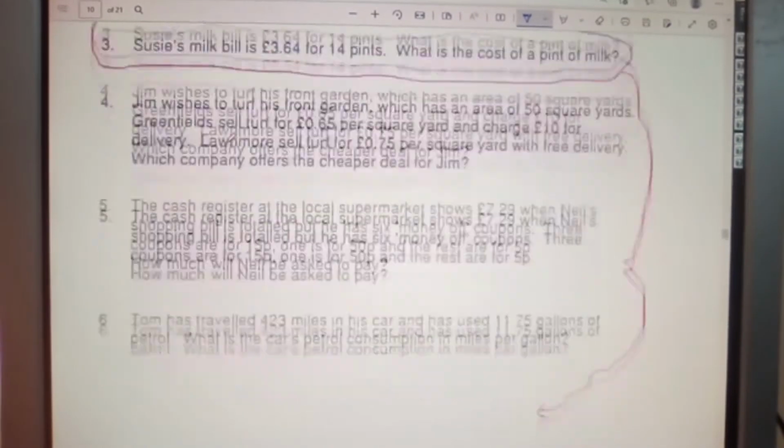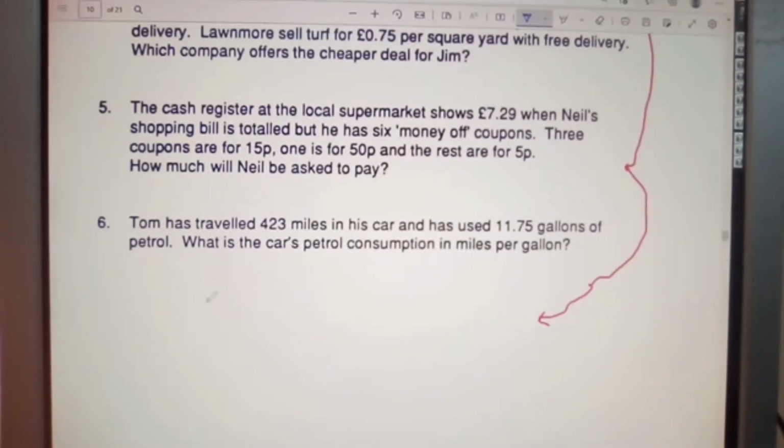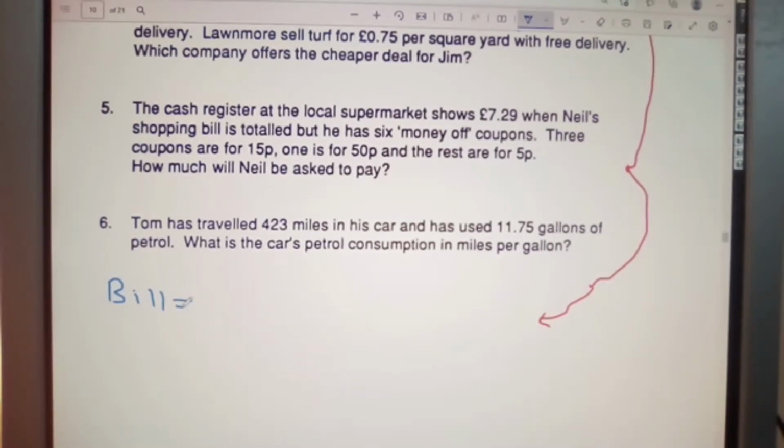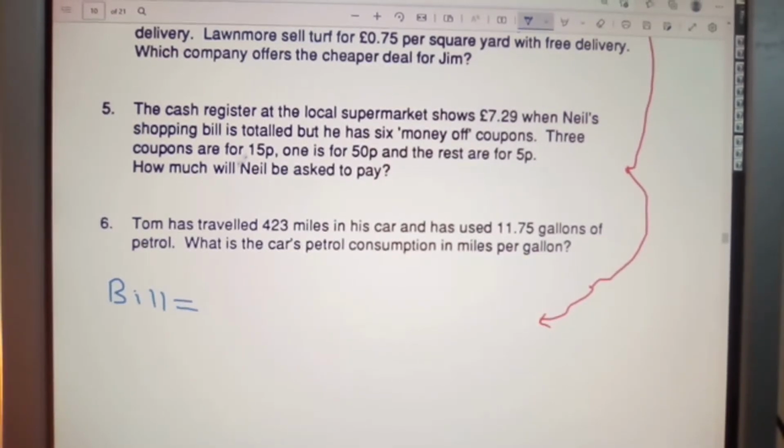So we have the milk bill. Let's get the word bill down here. Bill equals how much?